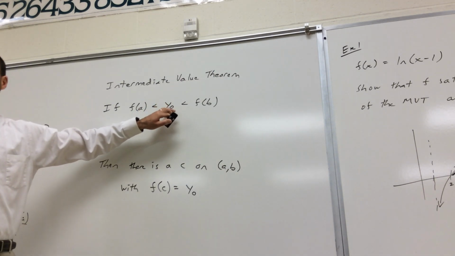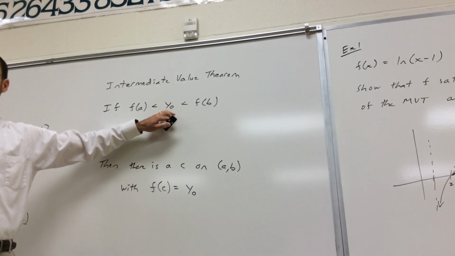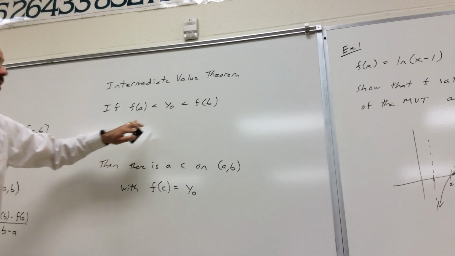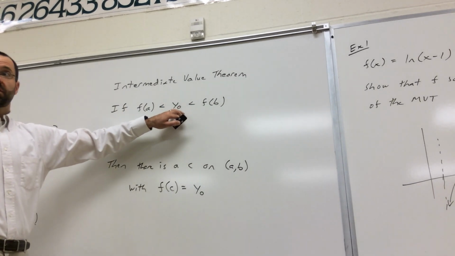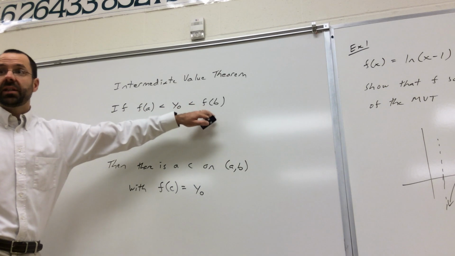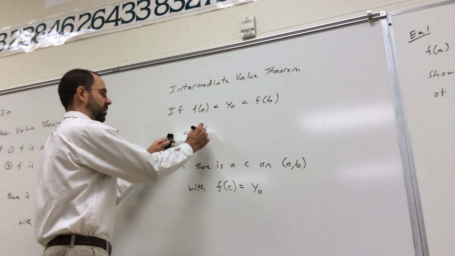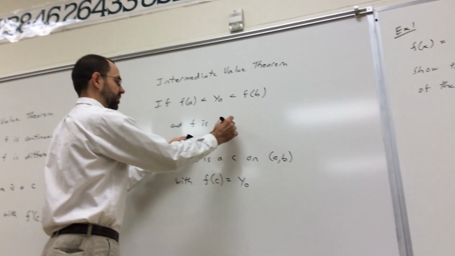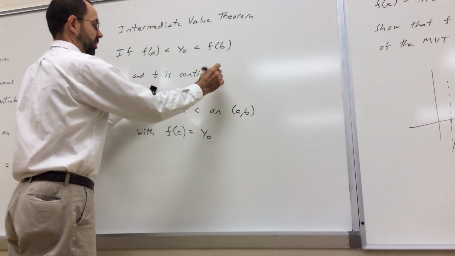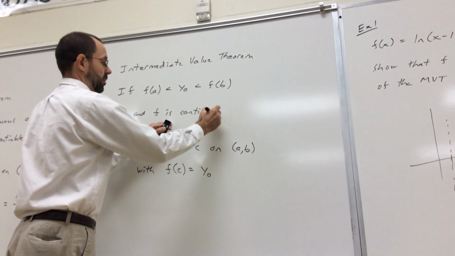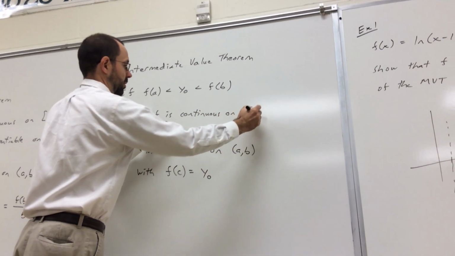So intermediate and middle, that's what's going on here. Okay, so the y naught had to be a y value in between these, and the second requirement was that f had to be continuous on ab.